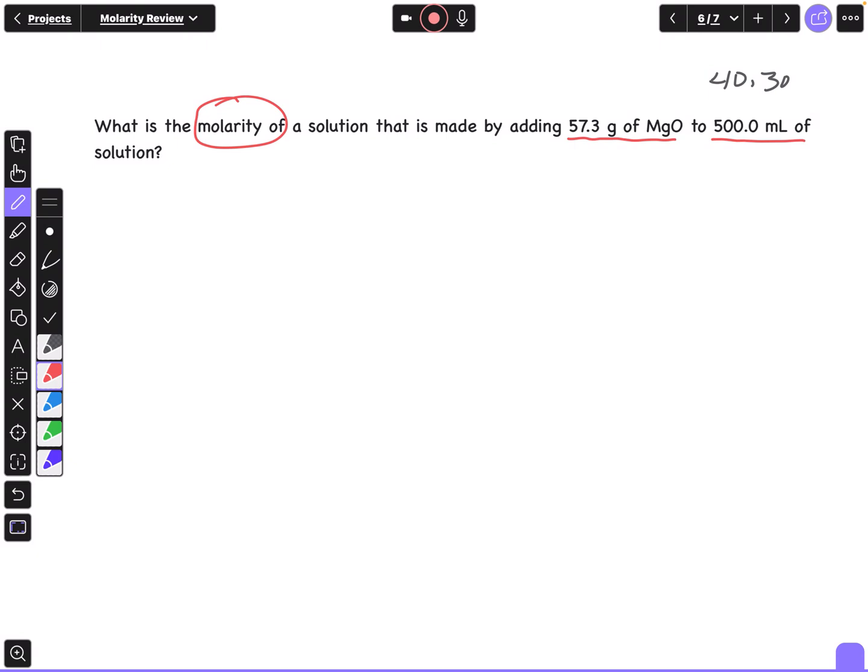So again, I'm going to be using this equation. Molarity equals moles divided by liters. I notice I'm not given my moles, I'm given grams. So I'm going to need to convert that to moles.